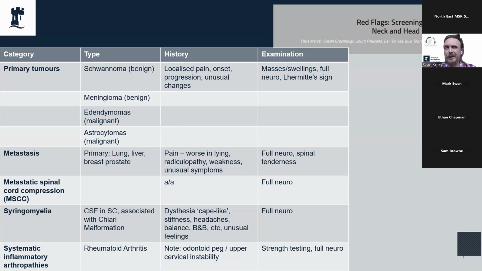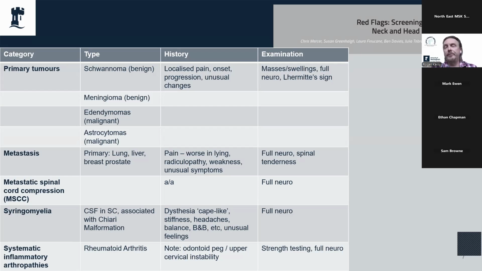So, that's not going to kill anybody, but it might create some contraindications for what we do in physical examination. But a lot of strength testing around the neck will help understand the kind of patency of the craniocervical region. And again, a full neuro in case there's any spinal cord compression.